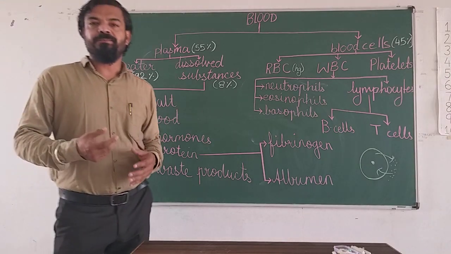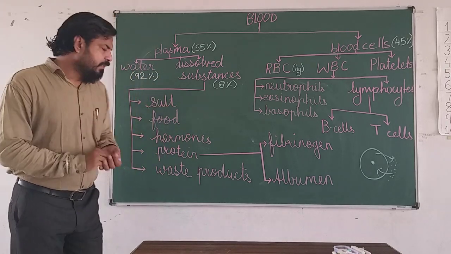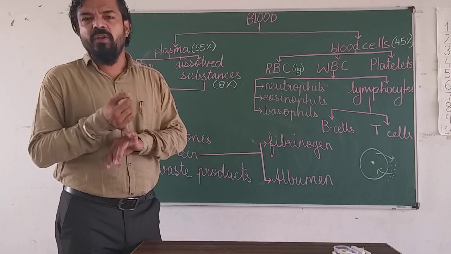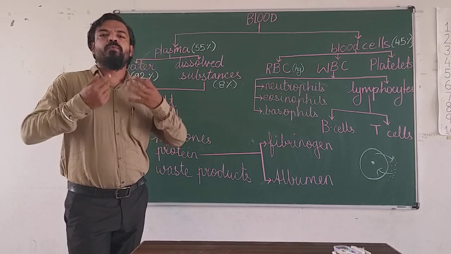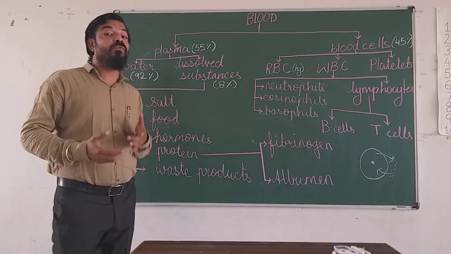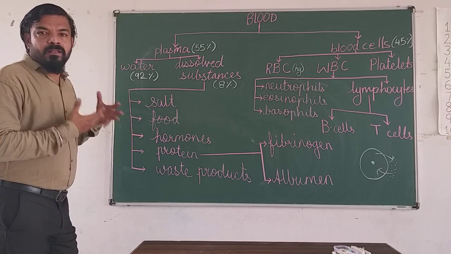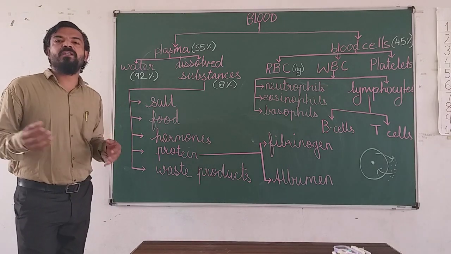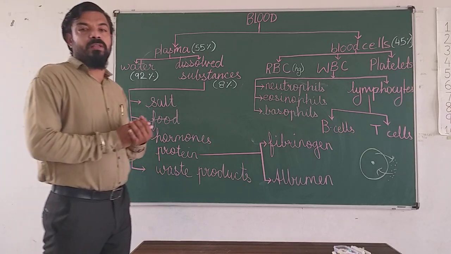What do waste products mean? Waste products are urine and uric acid. These waste products are thrown out by the renal excretion system, and that is called urine.